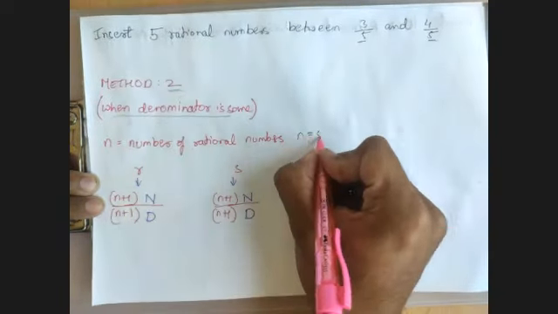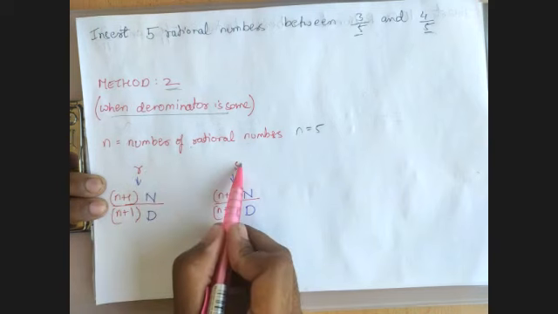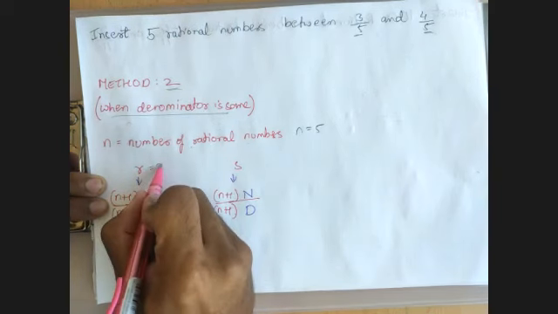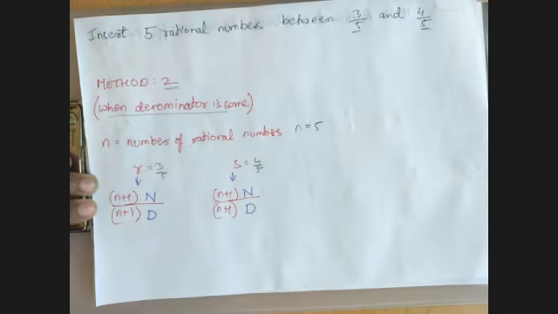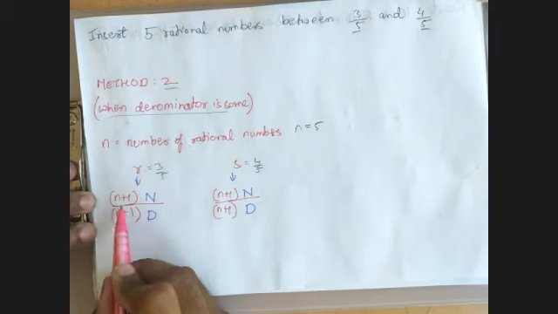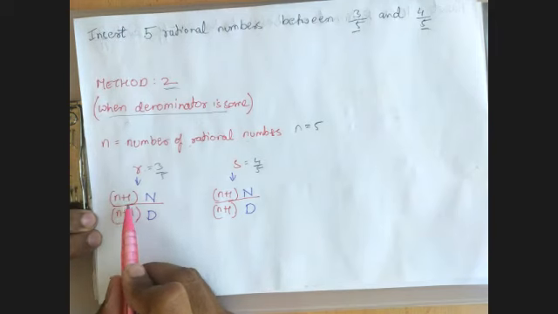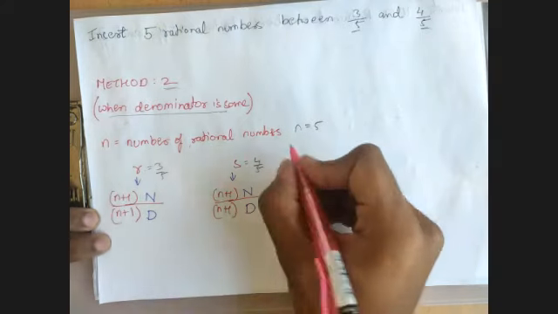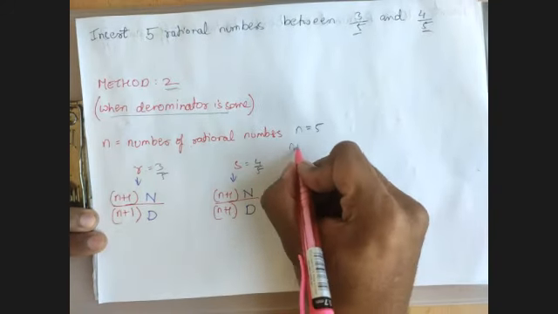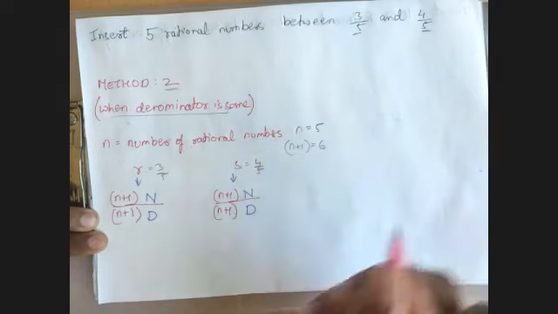And we know what R and S are. R is 3 by 5 and S is 4 by 5, as we saw in the earlier problem. So here, what we should do is multiply the numerator and denominator of R by n plus 1. When n is 5, n plus 1 is 6.